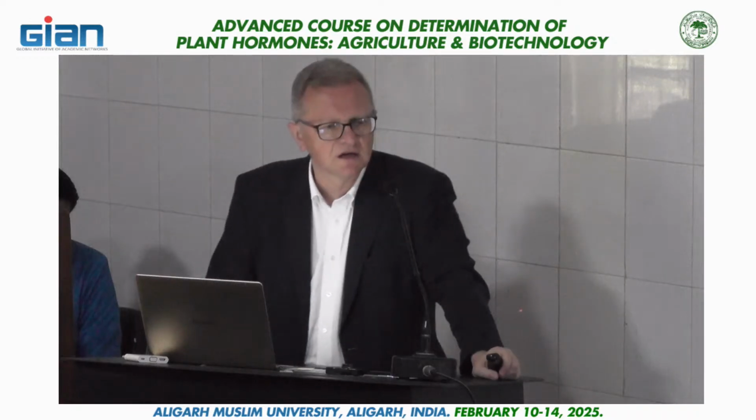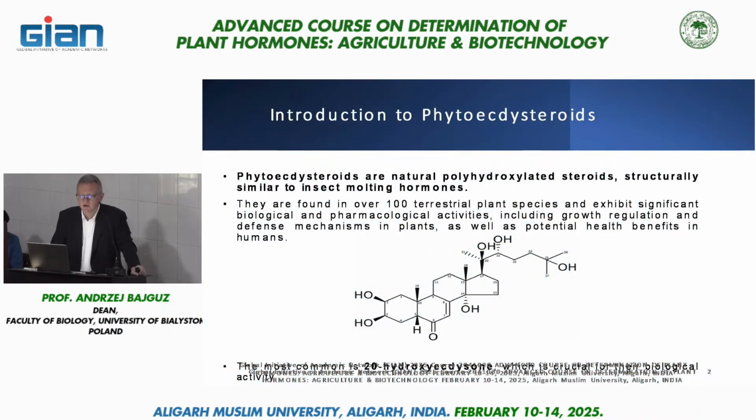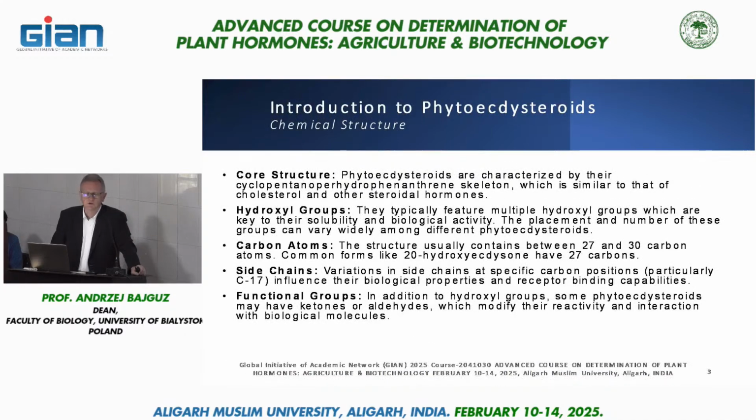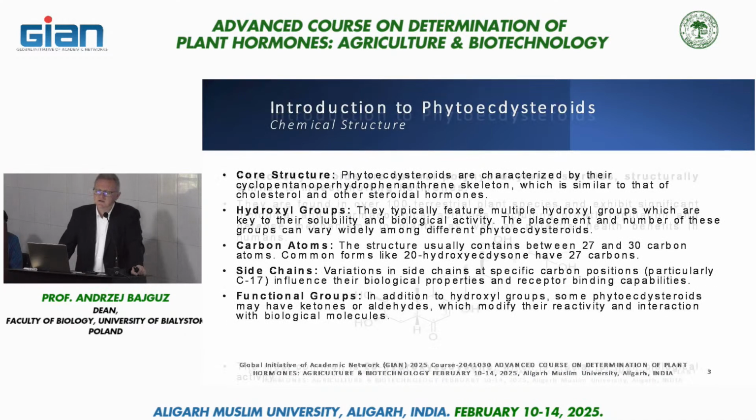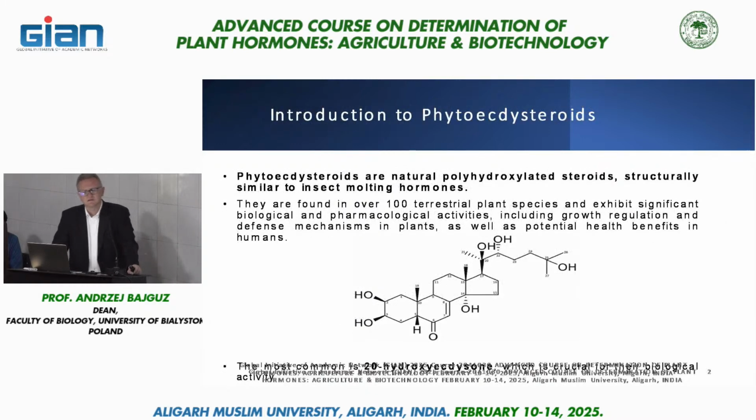Phytohormones are natural polyhydroxylated steroids that share a structural resemblance to the molting hormones found in insects. However, their biological significance extends beyond this. Found in over 100 terrestrial plant species, phytohormones serve multiple roles in the plant kingdom.